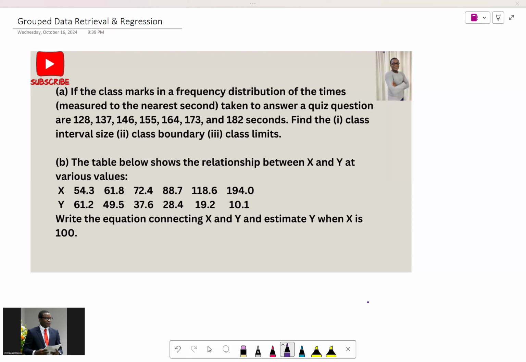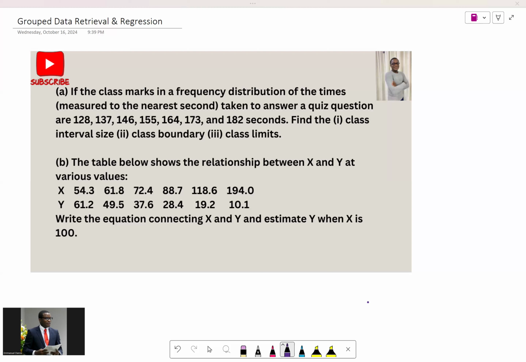If the class marks in a frequency distribution of the times, measured to the nearest second, taken to answer a quiz question are 128, 137, 146, 155, 164, 173, and 182 seconds, find one, the class interval size, two, the class boundary, three, the class limits.